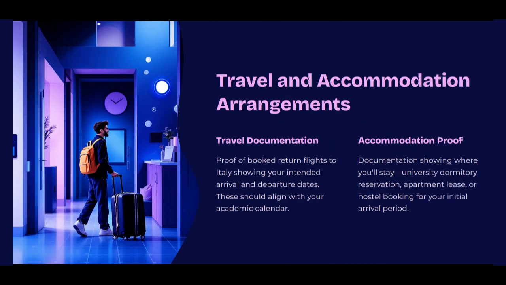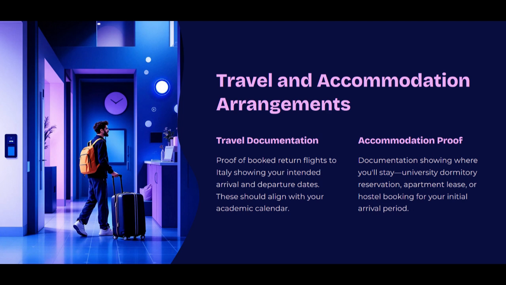After that, travel and accommodation arrangement. You should provide the flight tickets and accommodation proof while submitting the visa application. So travel proof, travel document, proof of booked flights to Italy, showing the intended arrival and departure dates, when you move from your country and when you arrive in Italy.